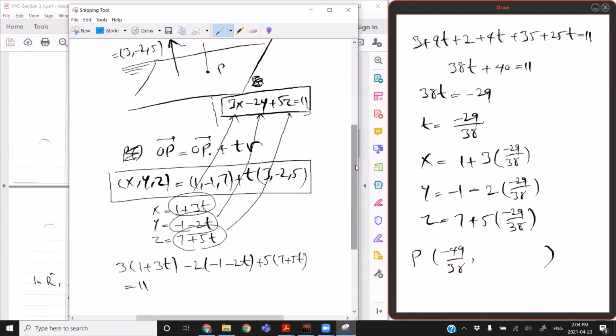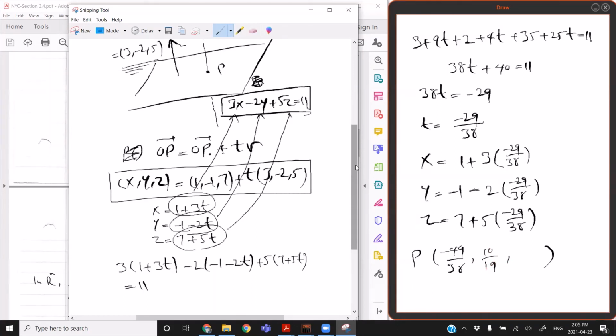Then for the next one, 29 over 38 times 2 minus 1. That is 10 over 19.